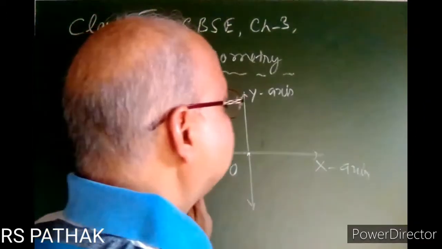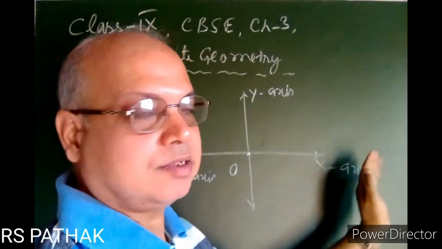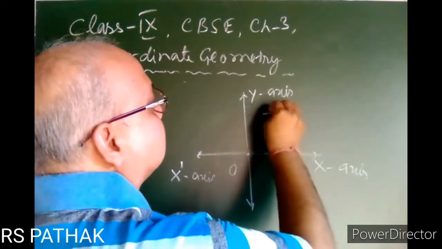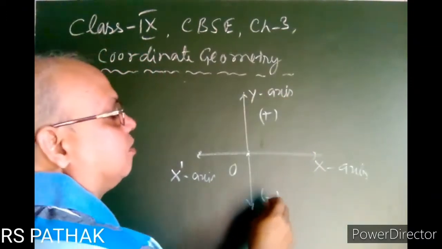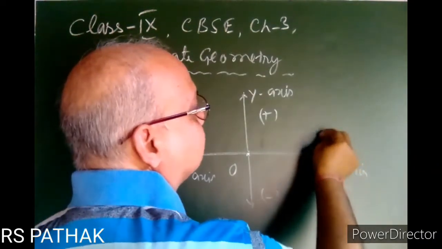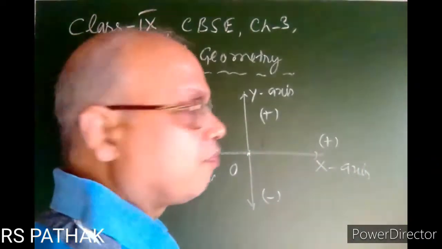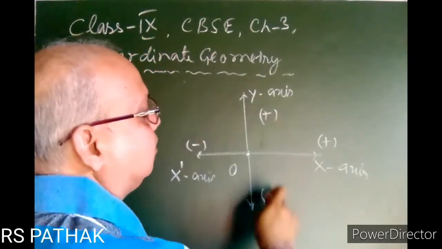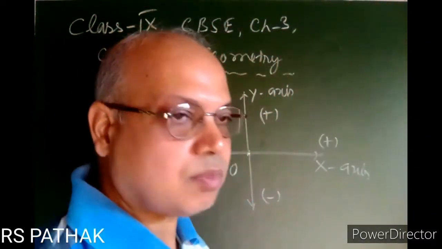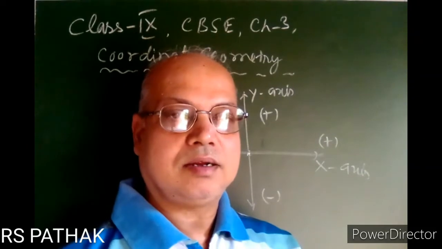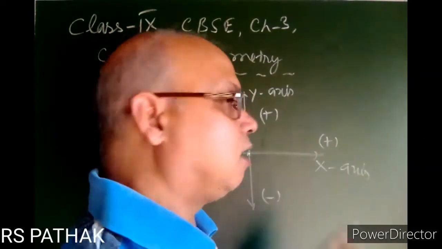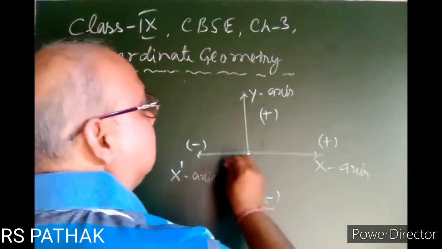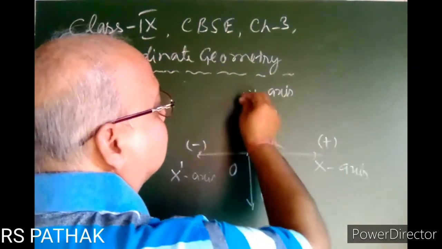This is the negative direction of x, this is the positive direction of the x-axis. This is the positive direction of the y-axis, and this is the negative direction of the y-axis. All distances originate from O along the x-axis, then the y-axis.